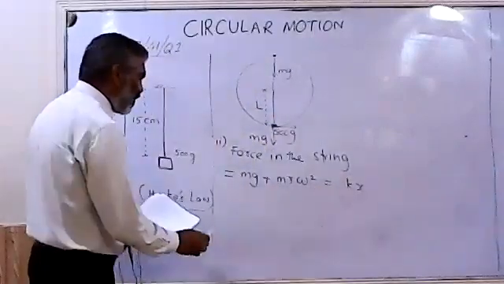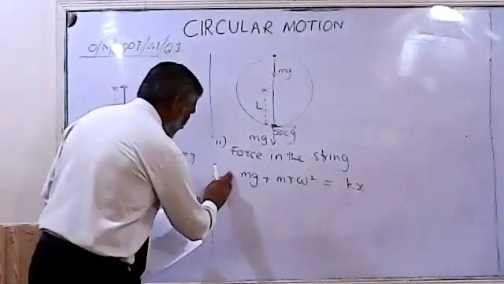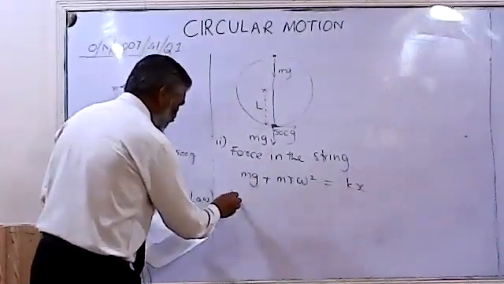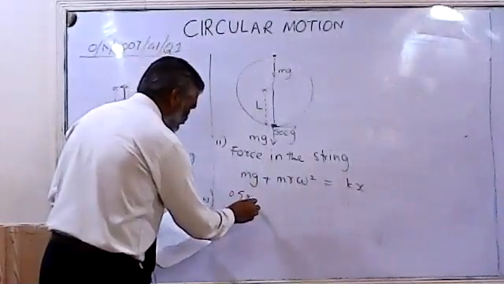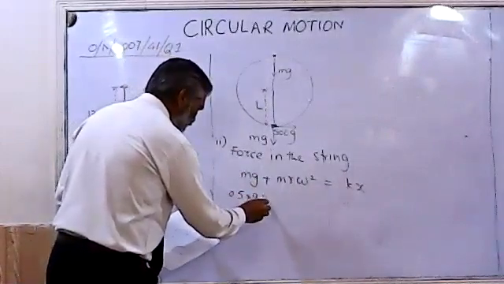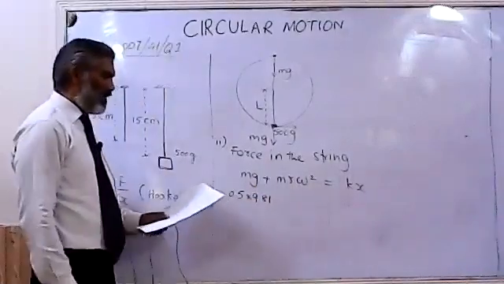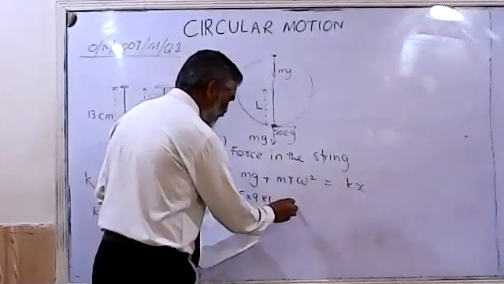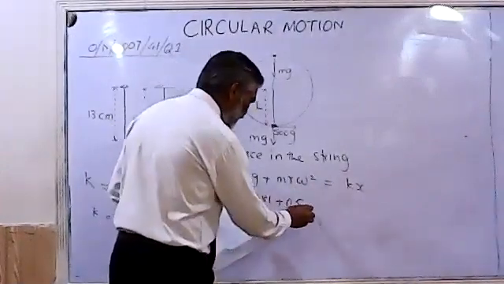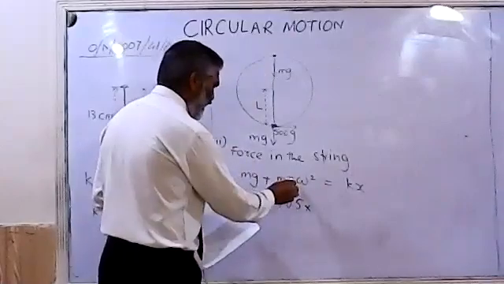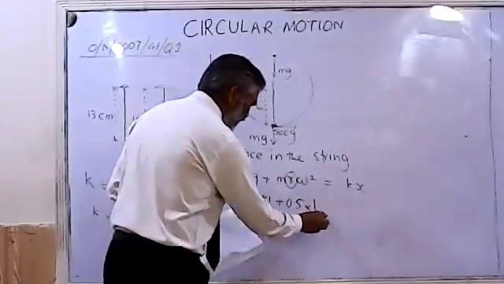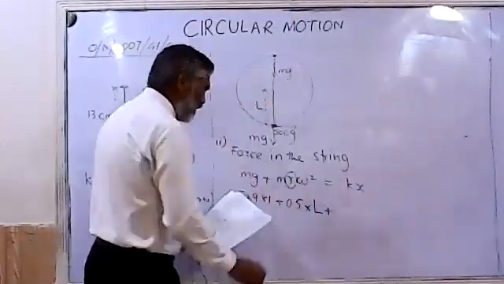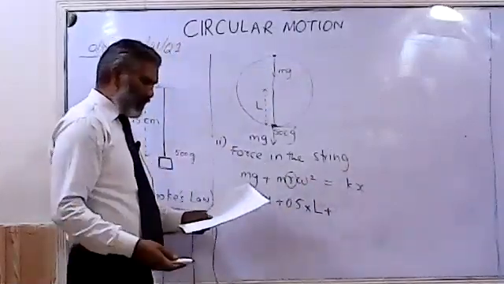So the whole equation now becomes, let's write mg first. This is 0.5 times mass into 9.81. This is the weight of the stone, plus 0.5 again, which is the mass, into the radius, which is the length actually that is to be found, plus the value of omega that we just worked out.